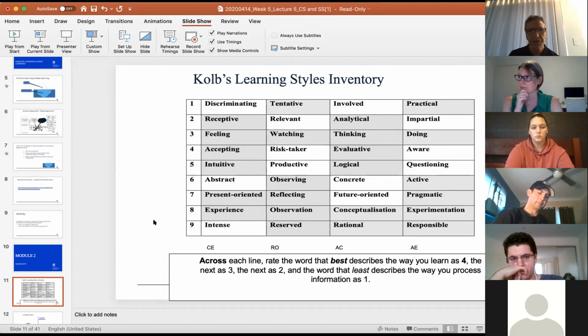If you wanted to do this, you can go across each line and rate the word that best describes the way you learn as 4.